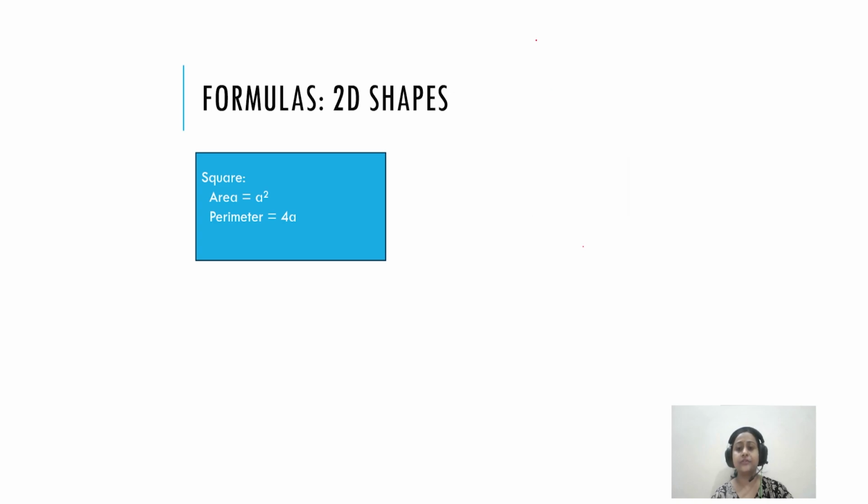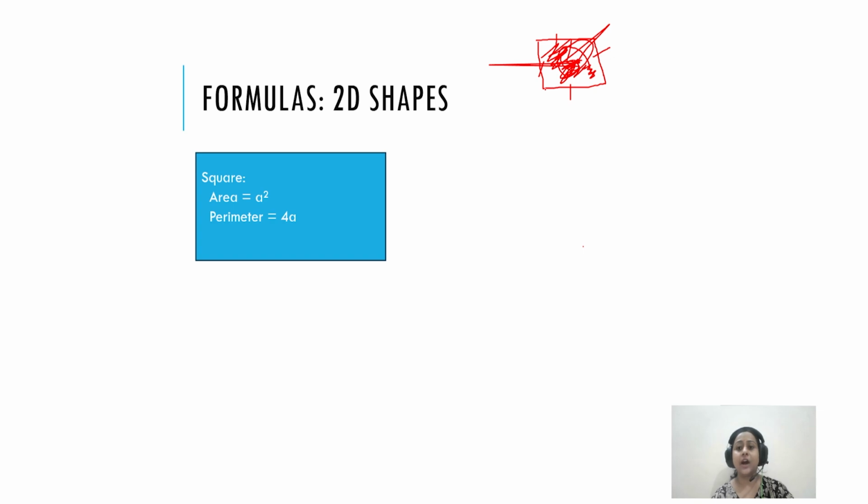Suppose this is a square. There are four sides of a square, this side, this side, this side, and this side, and every side will be equal. The space within this entire square is the area.